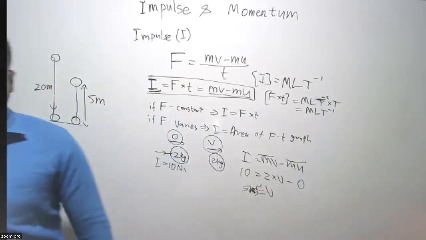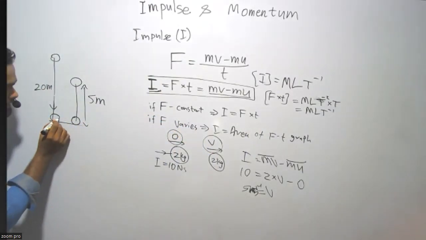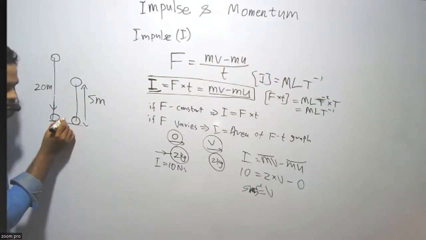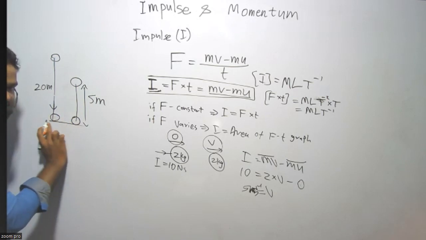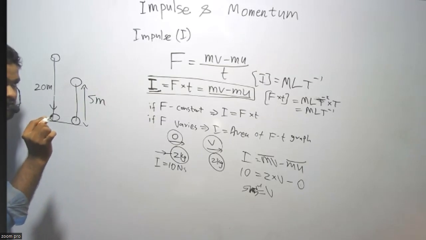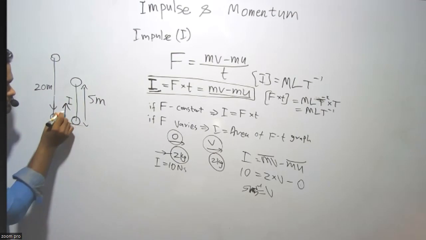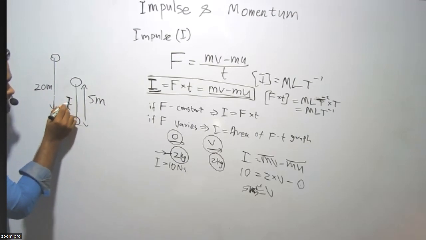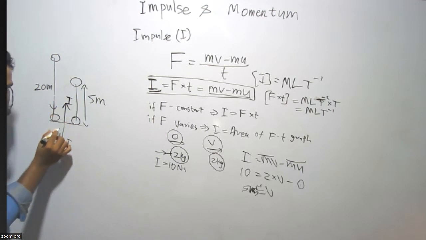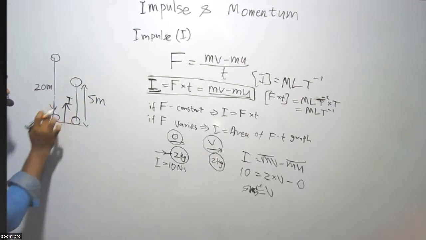So when does the impulse act here? This object is momentarily in contact with the ground. As it hits the ground, only at that moment is there an impulse acting on the object. An impulse acts upwards and an impulse acts downwards, like action and reaction impulses, but I'll only use this impulse.